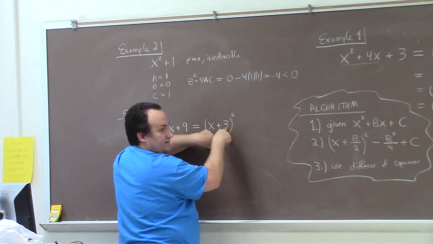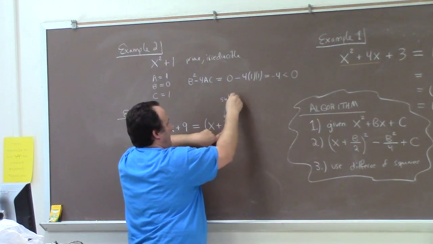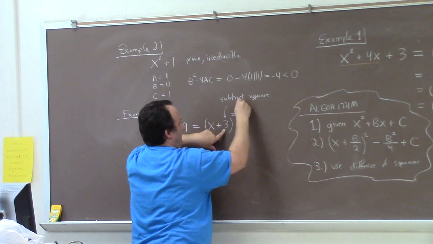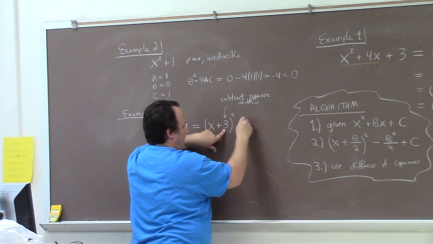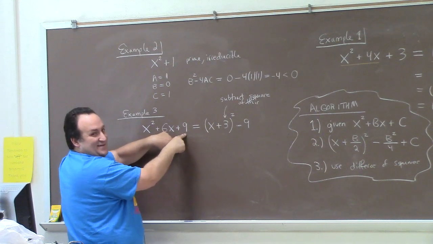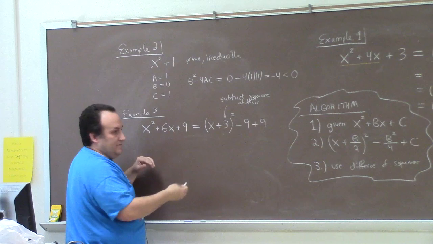Whatever number it puts here, we subtract the square of whatever goes here. So I do minus 9. This plus 9 is still here. So minus 9 plus 9, also known as 0.